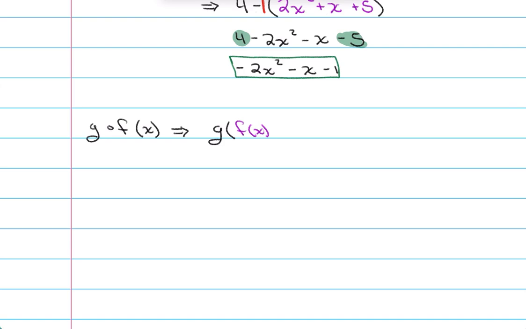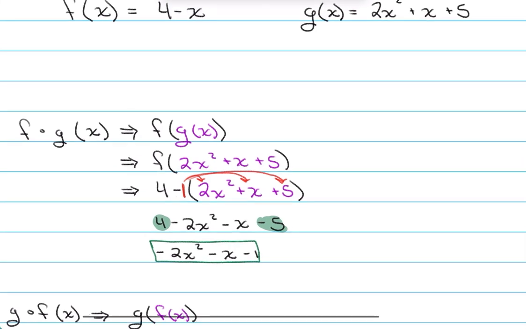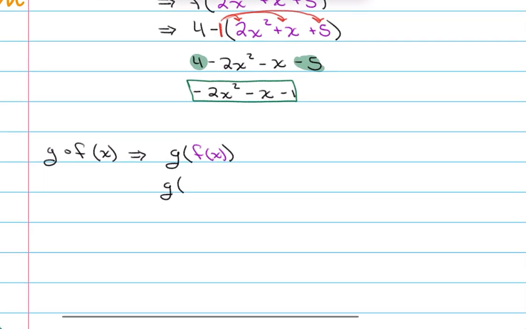All right, so we're going to plug f into g. So again, rewrite this. I have g of f, so that's 4 minus x. Everywhere we see an x in g, we're going to plug in 4 minus x.